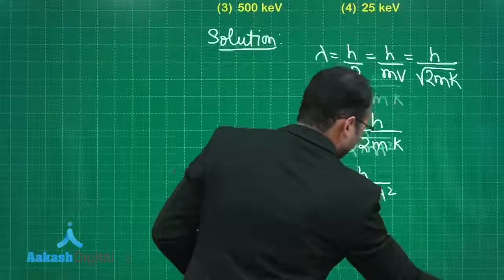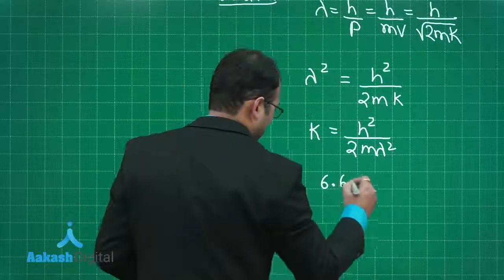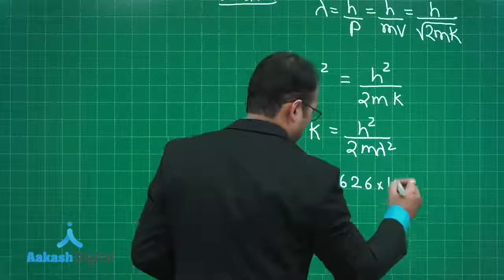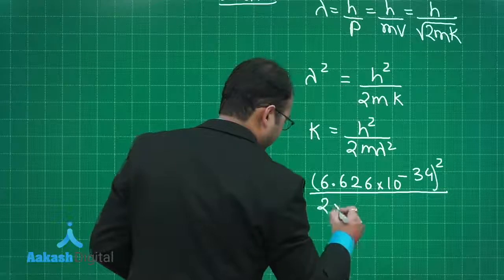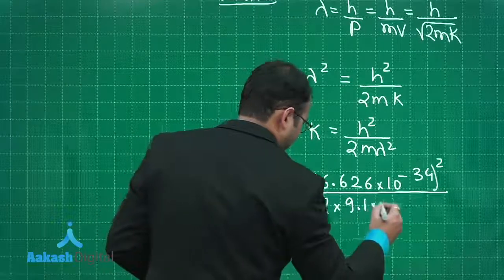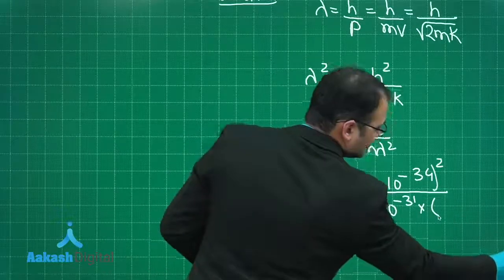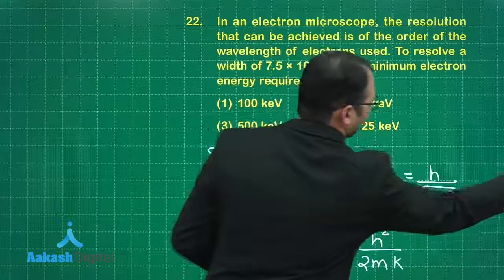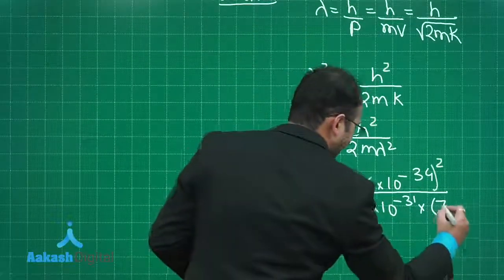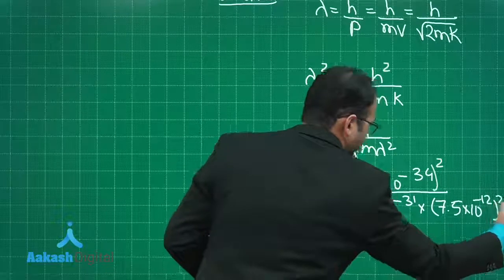Let's put down the values here. So this K would be equal to (6.626 × 10^-34) square whole divided by 2 into 9.1 × 10^-31 into the wavelength which is given to us, that is 7.5 × 10^-12 meters whole square.